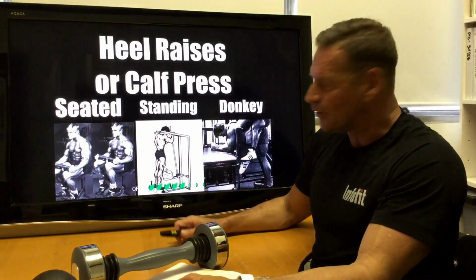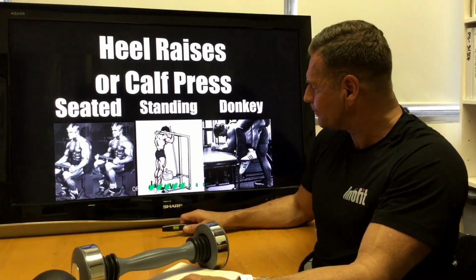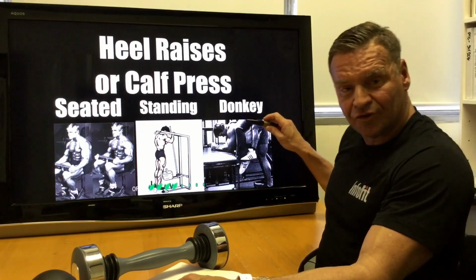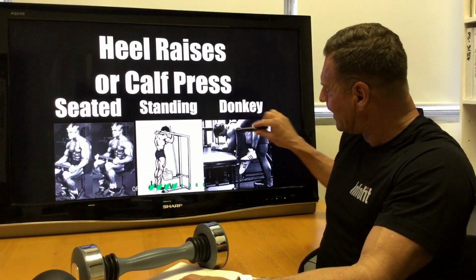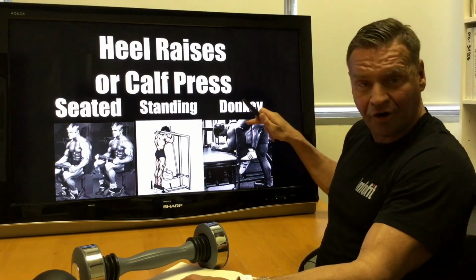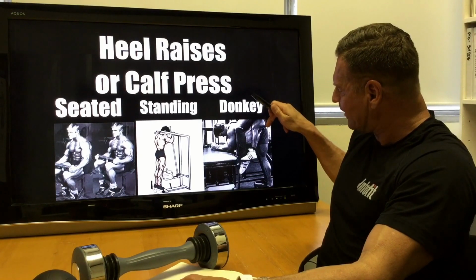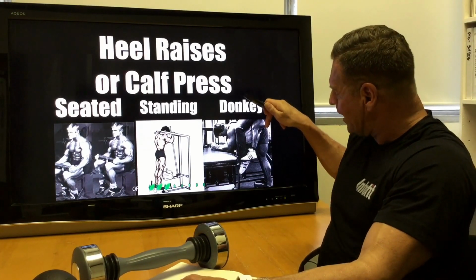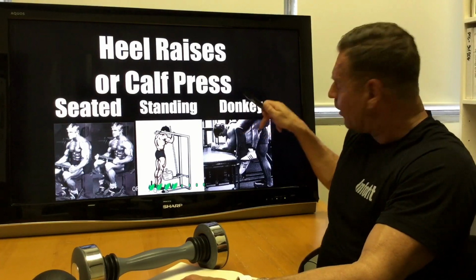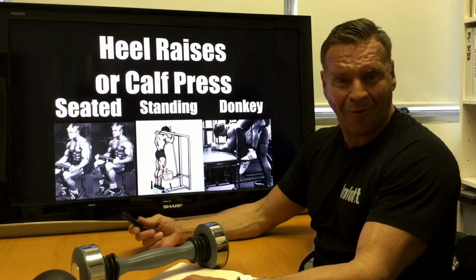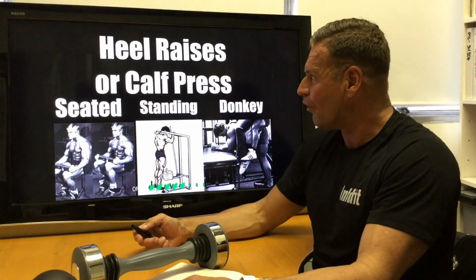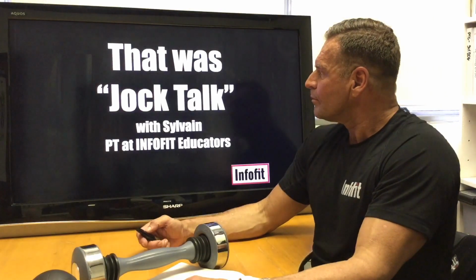You put the weight on top, but your leg is straight. And then the donkey raise, the donkey calf press, is basically where you're eliminating the torso part. So you're putting the weight right at the edge here. You see Arnold here? He's putting his buddies right down on top of his hip, and then there's no influence from the core into how much you can push there. All right? There are 3 different ways to do calf presses or heel raises, right?